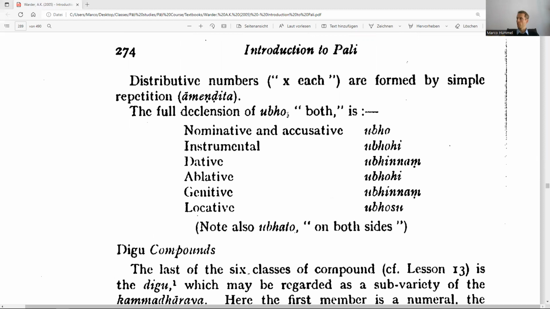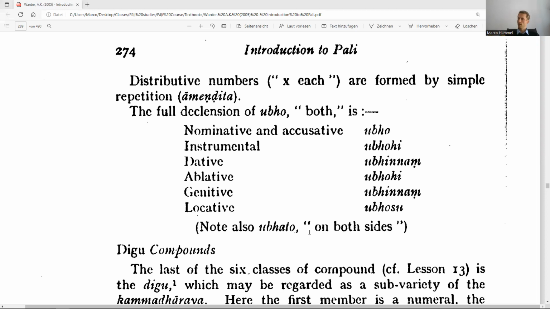The full declension of ubho, both, is nominative and accusative ubho, instrumental ubhohi, dative ubhinnang, ablative ubhohi, genitive ubhinnang, locative ubhoso.